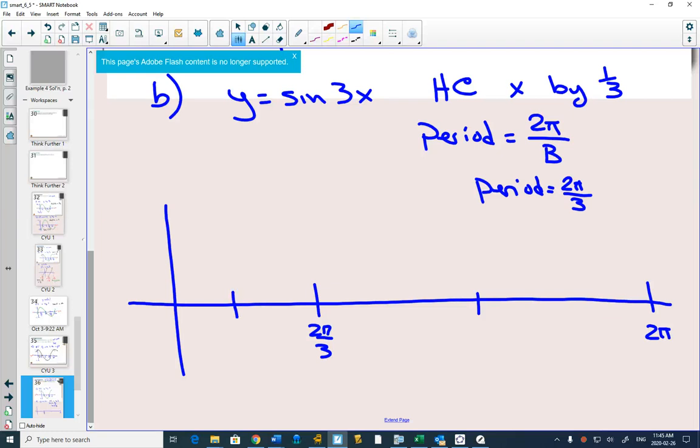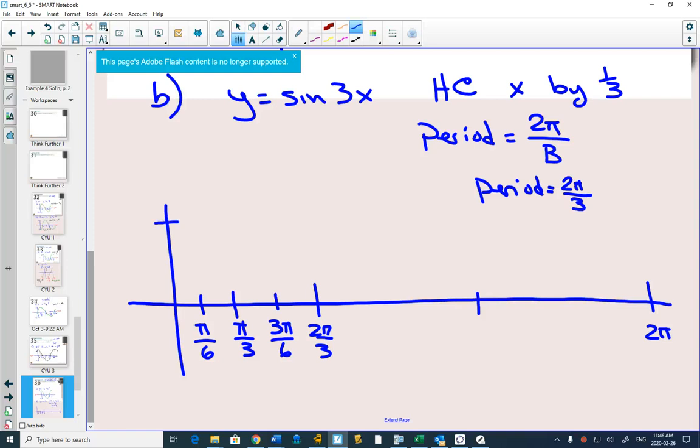Always divide your full period into 4 equal sections, because those are your axes family. What's half of 2 pi over 3? Pi over 3. What's half of pi over 3? Pi over 6. Then for the third one, 1 pi over 6, 2 pi over 6, 3 pi over 6, which you could write as 1/2 pi.